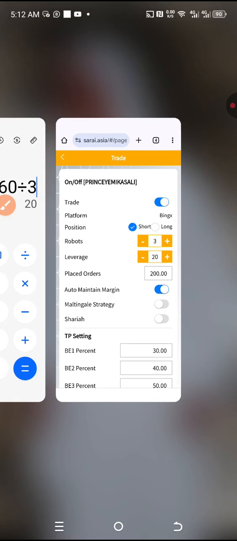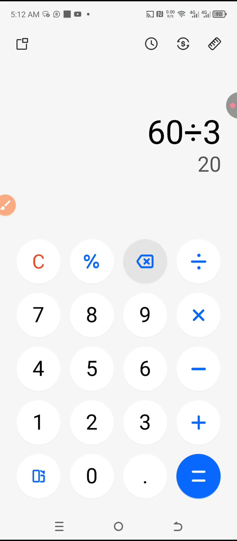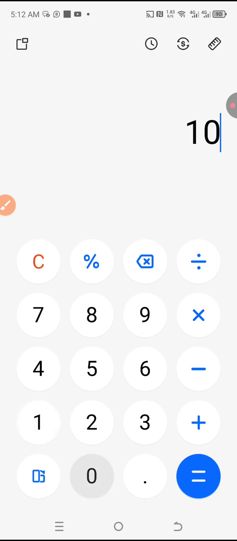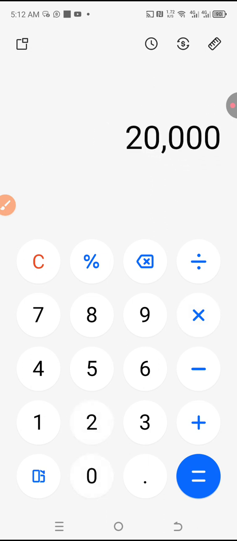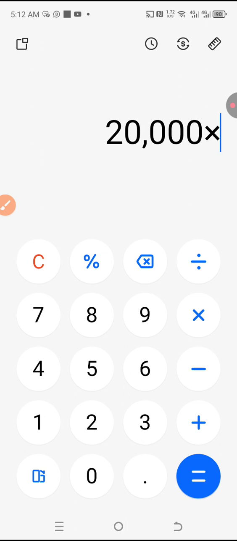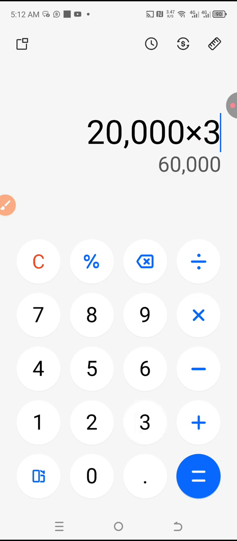But let's do the calculation so that it doesn't look like, oh, you just guess what for $1,000. You don't even know what $1,000 is. So $1,000, okay, times the leverage is 20. Okay, and let's find 3% of this.